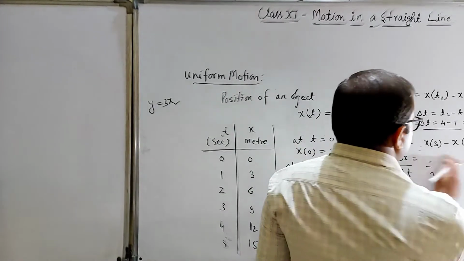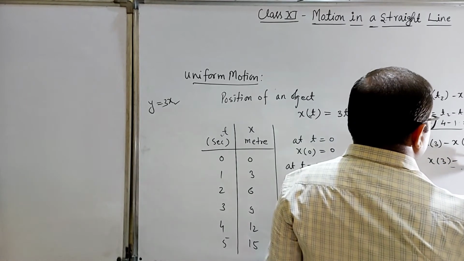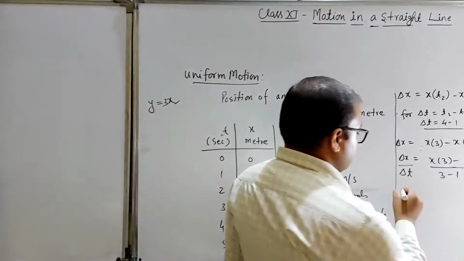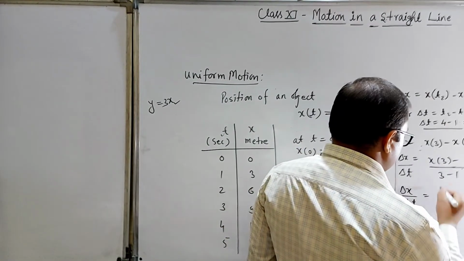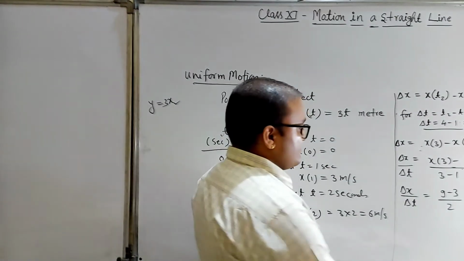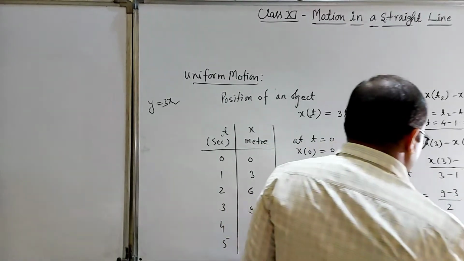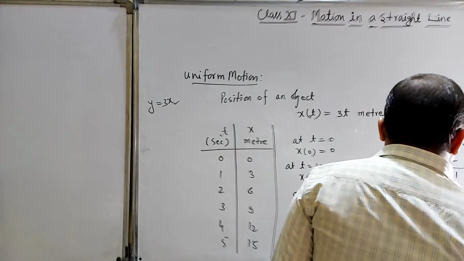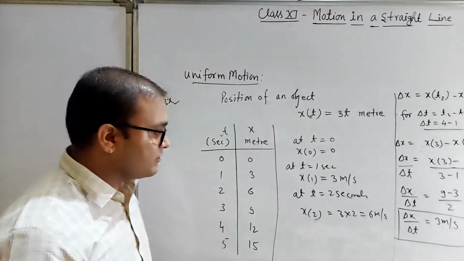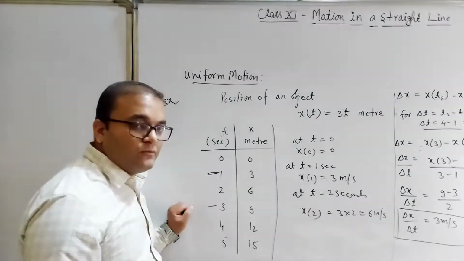Delta x upon delta t is x(3) minus x(1) upon 3 minus 1. So delta x upon delta t equals 9 minus 3, that is 6, upon 2, which is 3 meter per second. What is delta x upon delta t? It is the average speed. The average speed of the object is 3 meter per second in the time interval between t equal to 1 second and t equal to 3 second.